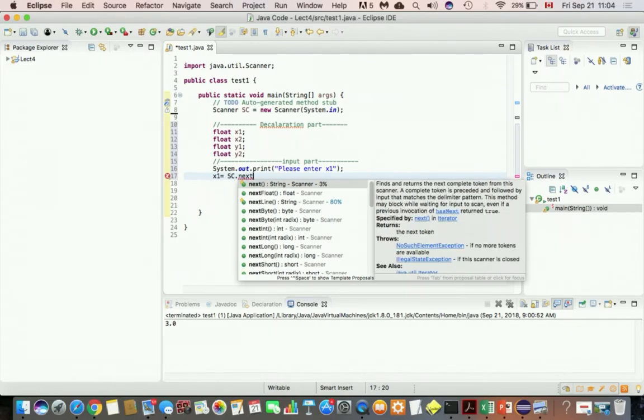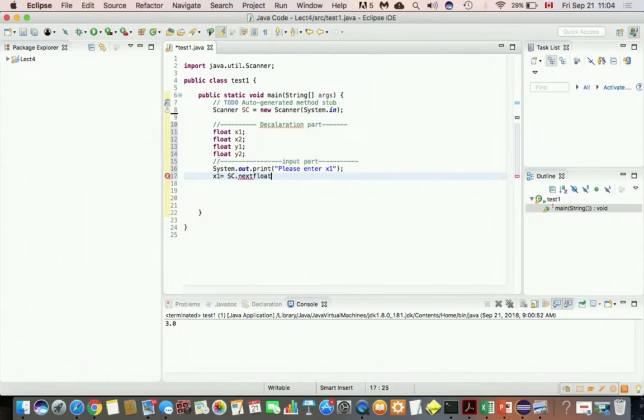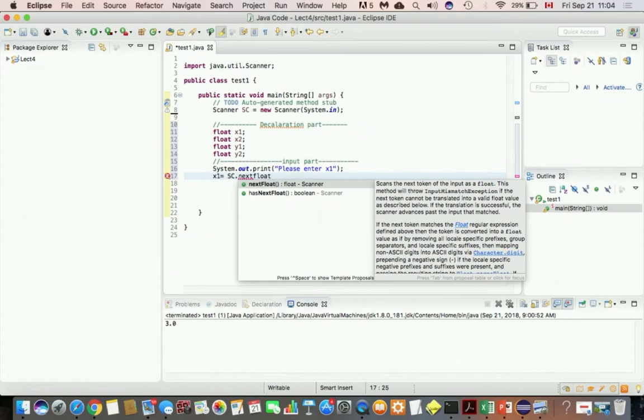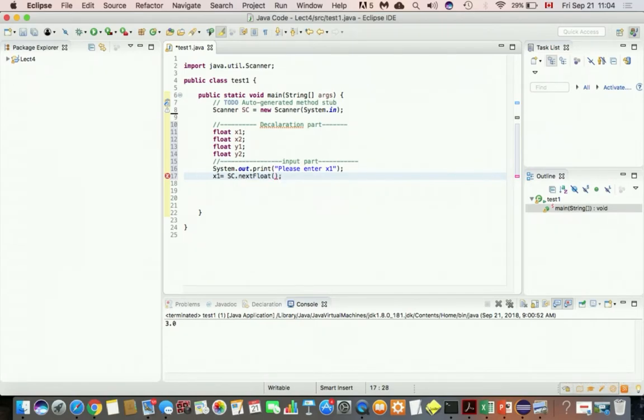Next integer or next float? Next float, because I declared it as float. You will find it appear here, and this is my semicolon. So now I asked the user to enter x1, and I received x1 and put it in its value. And I prefer to do it with println, in order to have a new line.